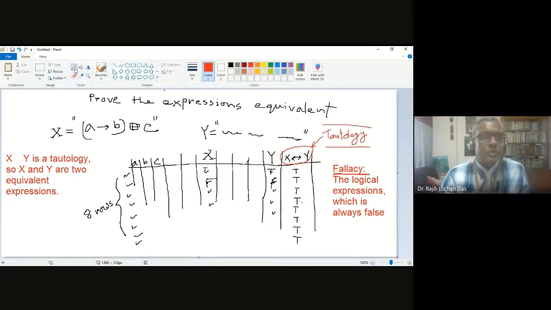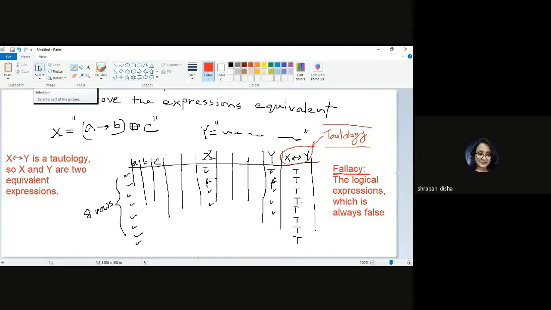Is that okay? Do you understand what I say? So that will be the truth table, and that will be the process. You prove two expressions are equivalent. Is it okay? Yes, sir.